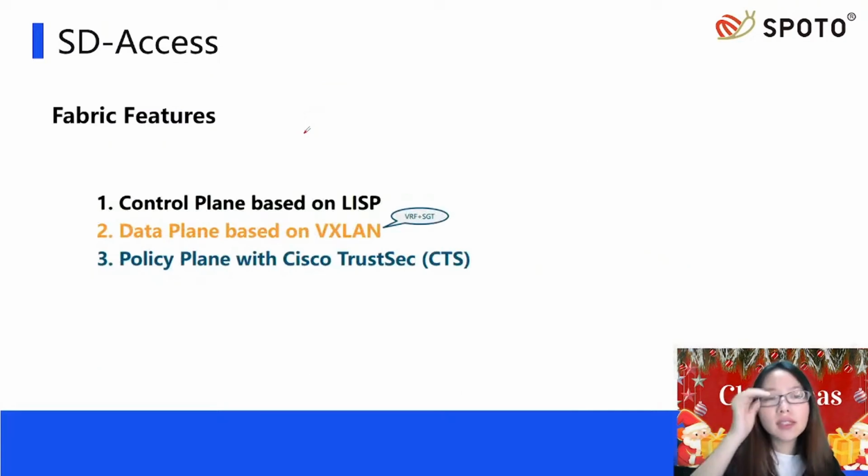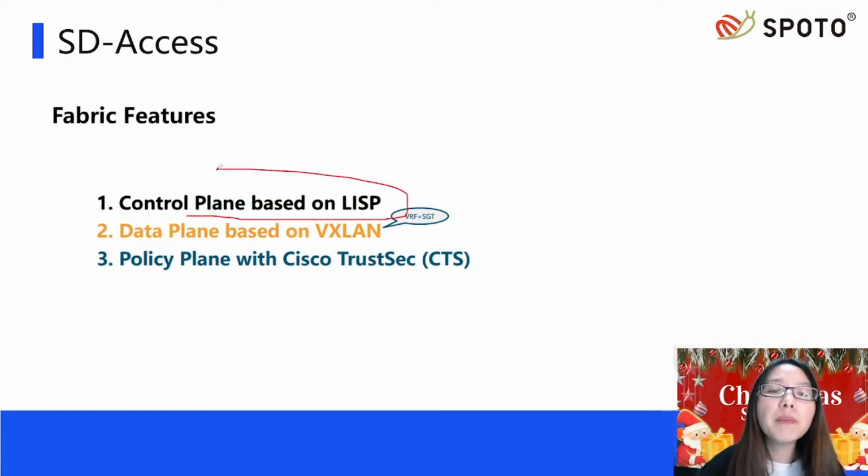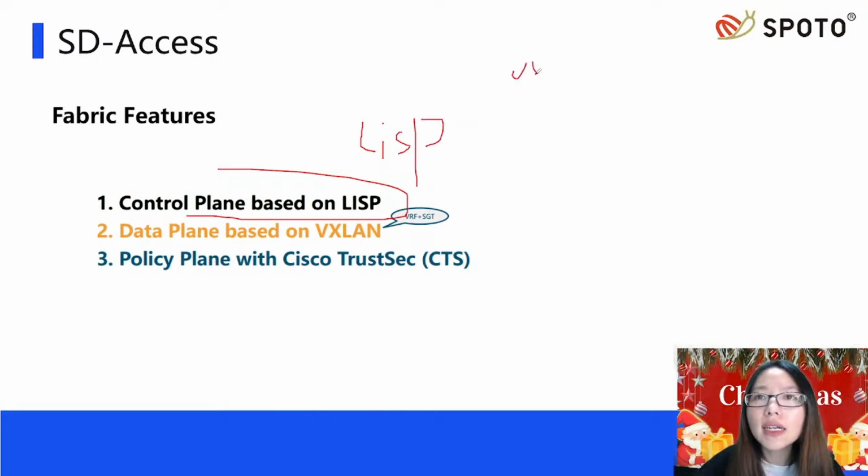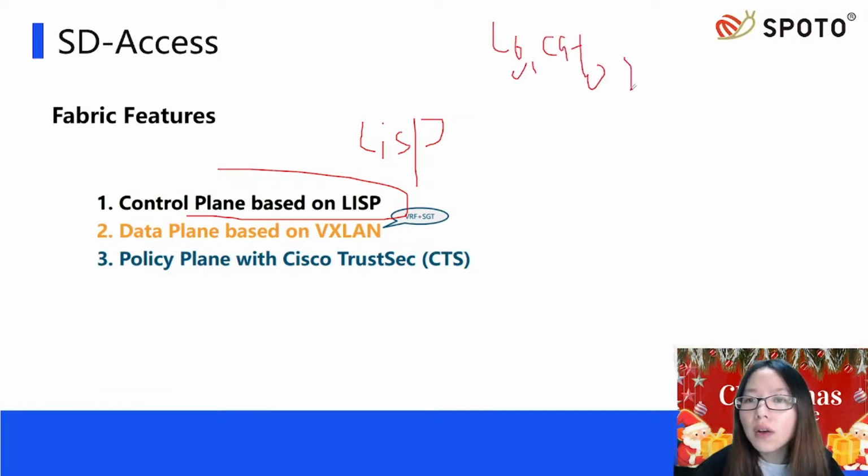Okay, so let's see the fabric features. First, the control plane based on LISP. So what's LISP? LISP is Locator ID Separation Protocol.